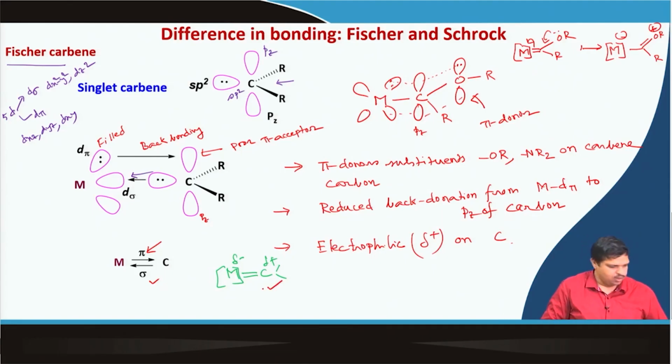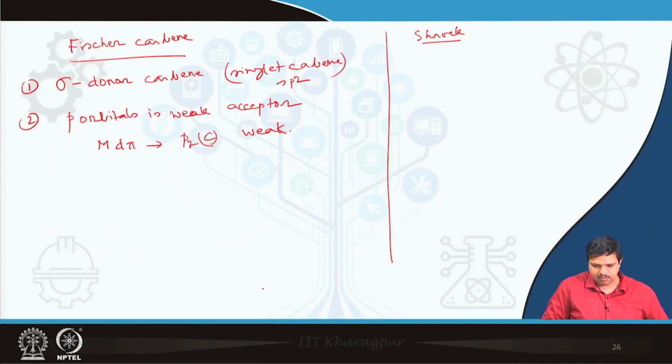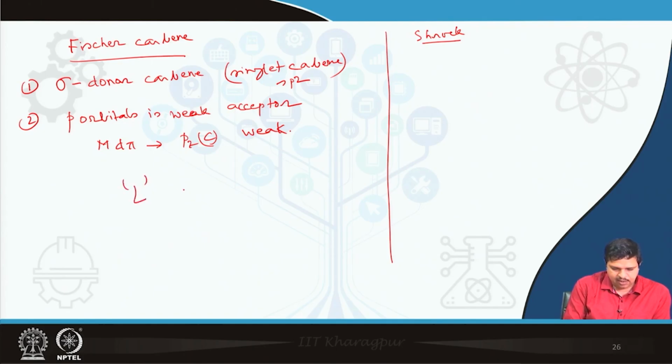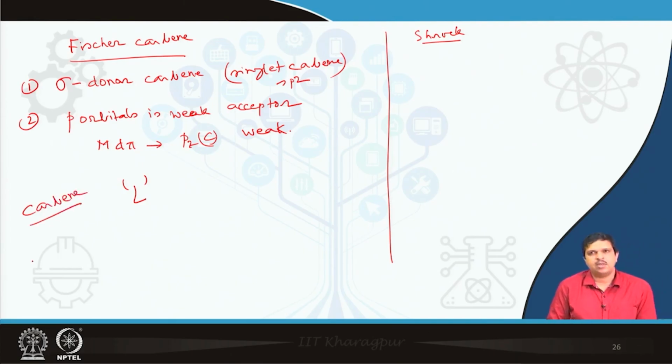So this is now very much understandable. Okay, and here the Fischer carbene acts like an L ligand. So the carbene here is like L, a neutral ligand. Okay, just a neutral ligand.